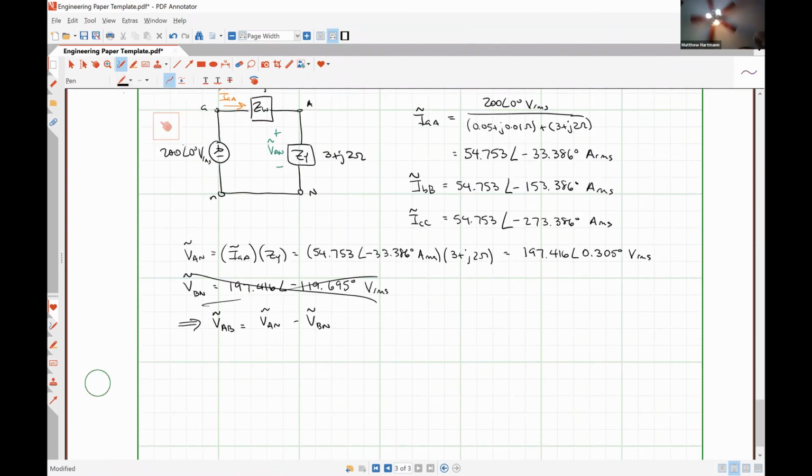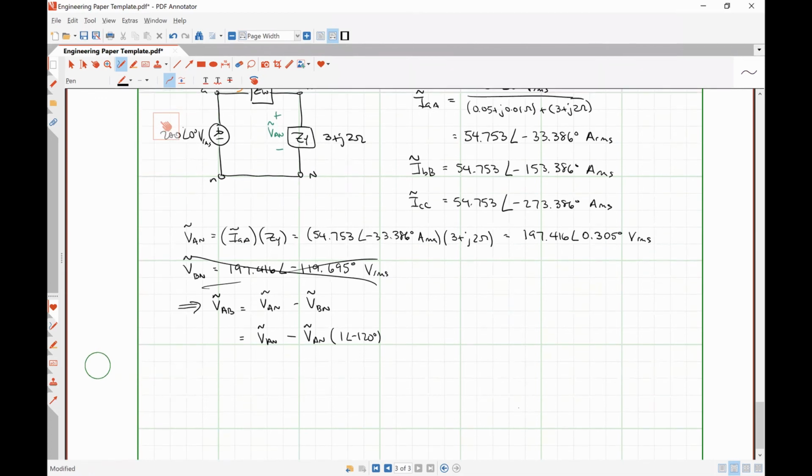So the reason why we don't actually need to know what VBN is, and why it's maybe more important for us to not bother figuring out what VBN is in this case, is because we know that since this is a balanced three-phase circuit, we're going to have VAB equal to VAN minus VBN, which is VAN minus VAN times 1 angle negative 120 degrees, again, because we're assuming a positive phase sequence.